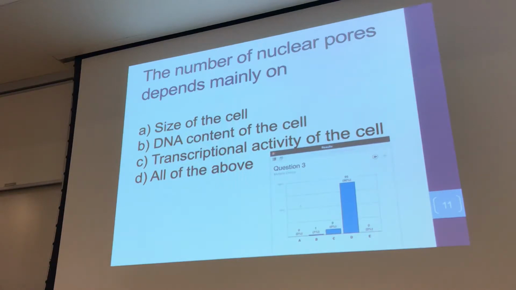So the size of the cell doesn't really matter.